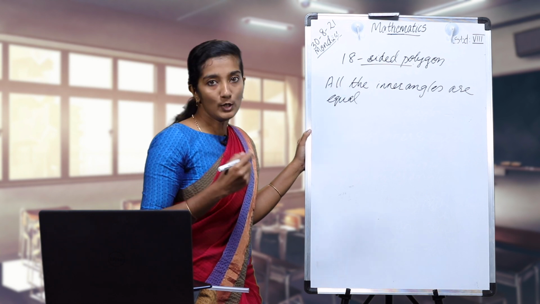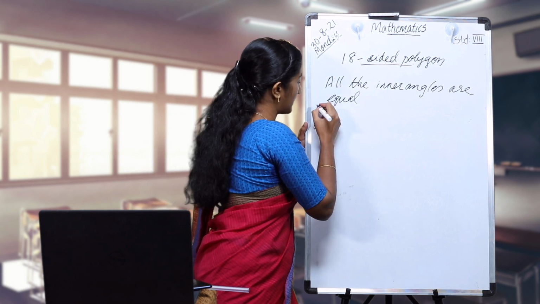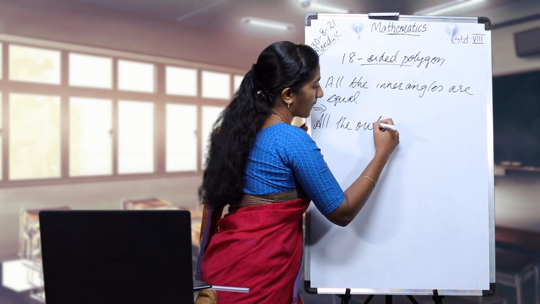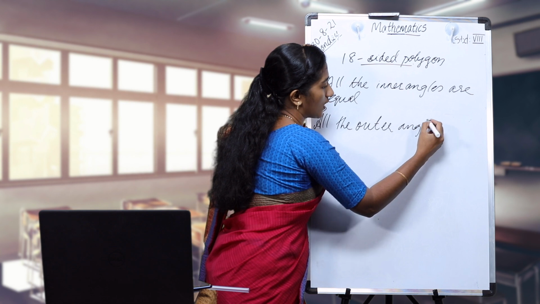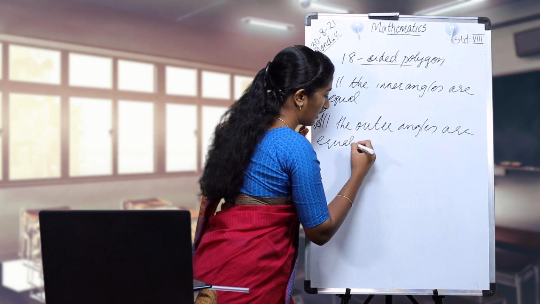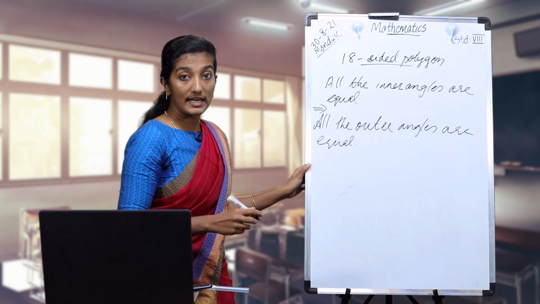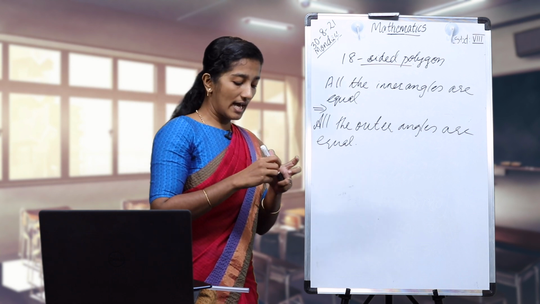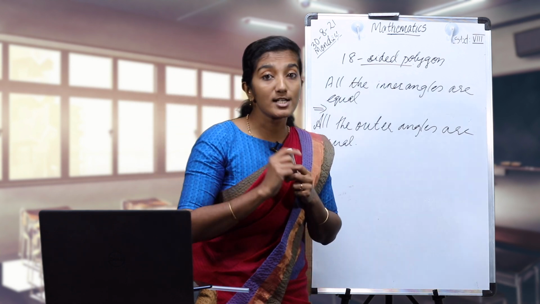Very good. It is also equal, right? Then this implies that all the outer angles are equal. We have to find the measurement of each outer angle. We know the sum of outer angles of a polygon.